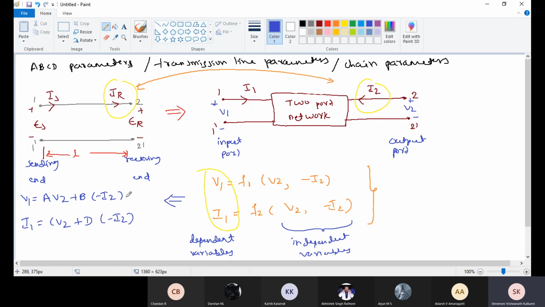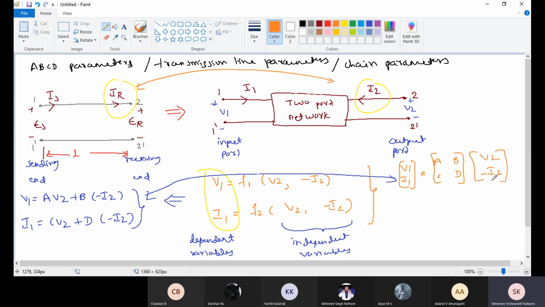These two equations I can write in matrix form: V1 I1 equals the matrix A B C D times V2 and minus I2.